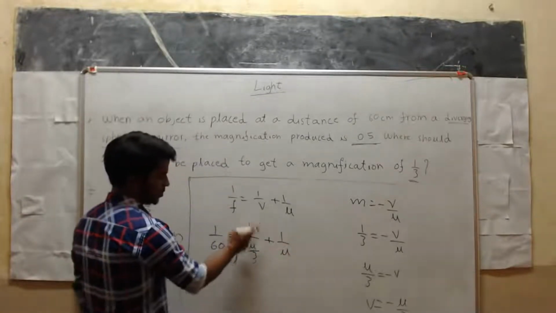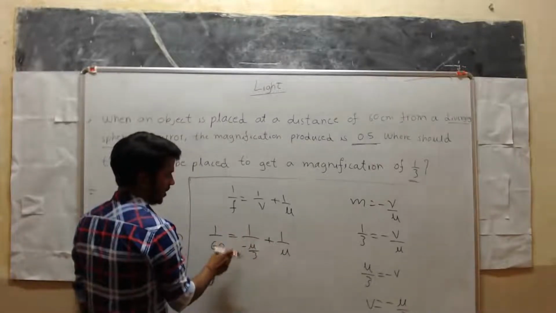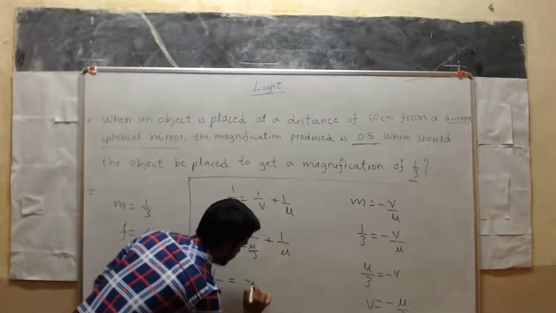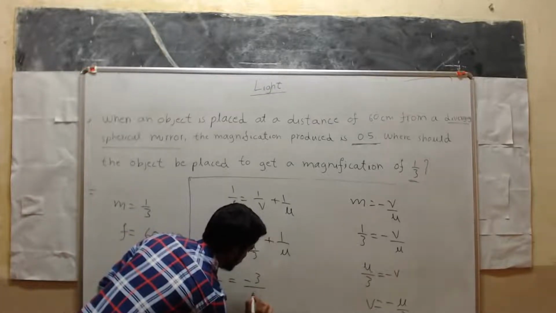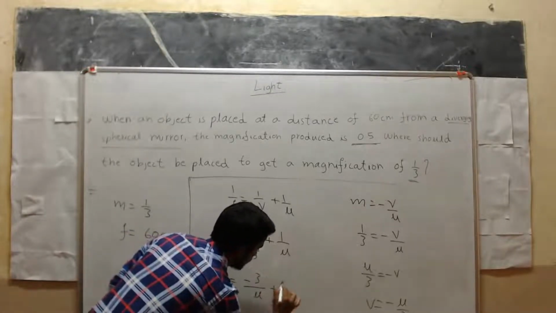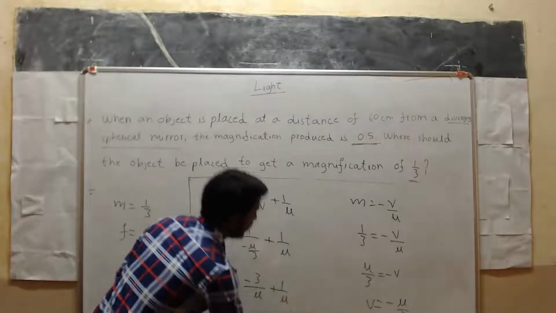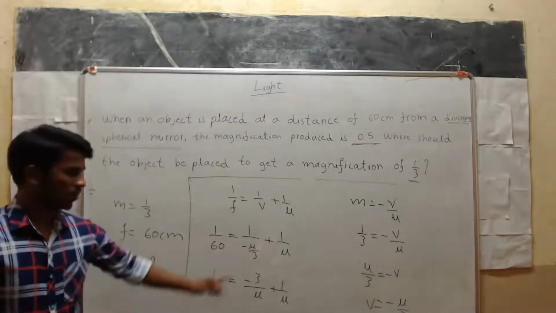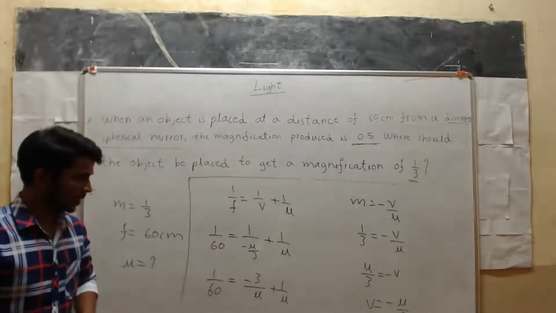So now this 3 goes to upper side, right? And here plus by minus minus, that is 1 by 60 equal to minus 3 by u plus 1 by u.